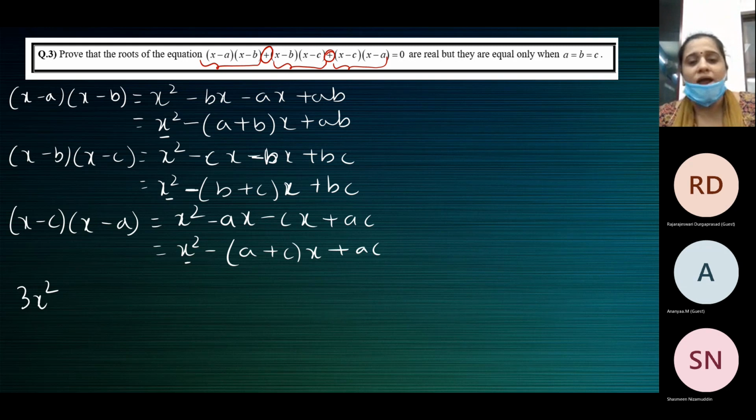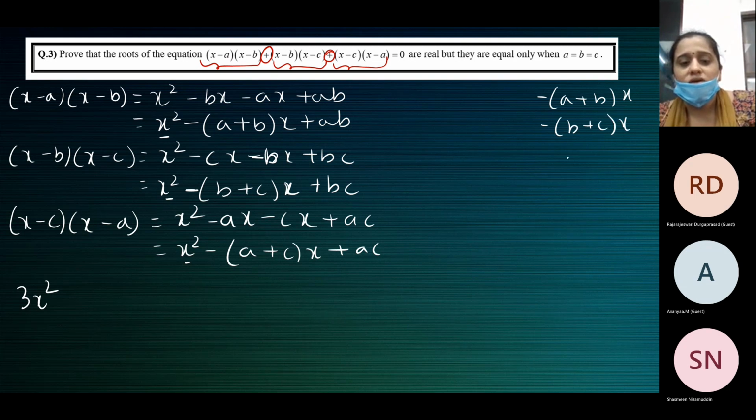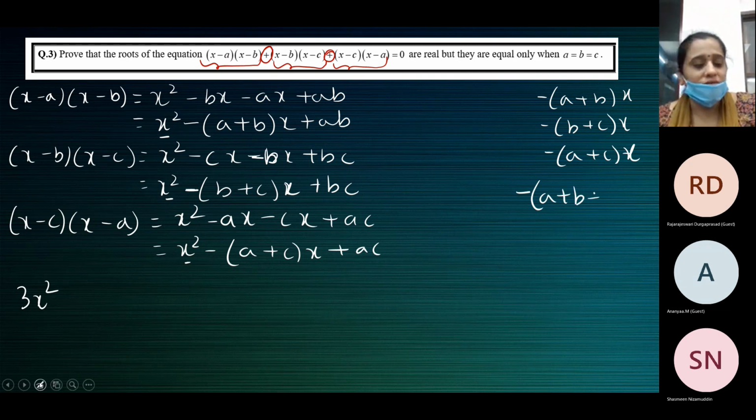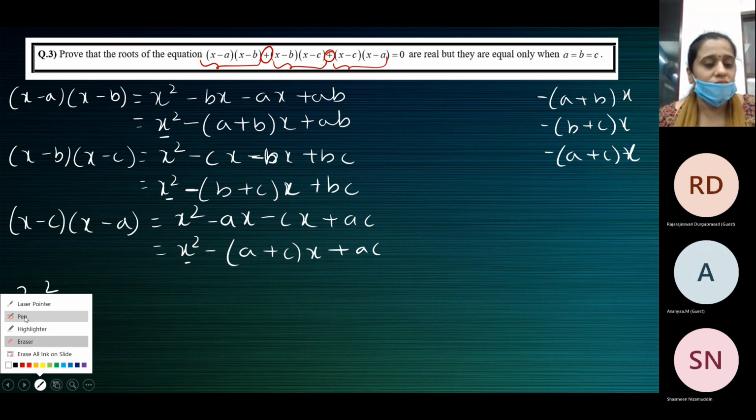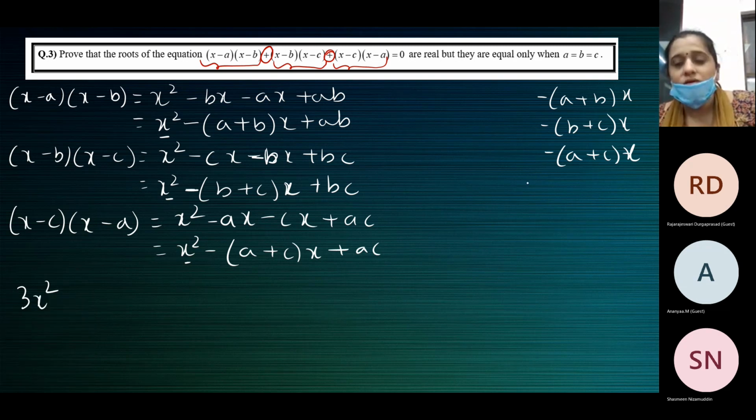Then when you add this here, minus (a plus b) of x, minus (b plus c) of x, minus (a plus c) of x, what do you get? Take the x common.